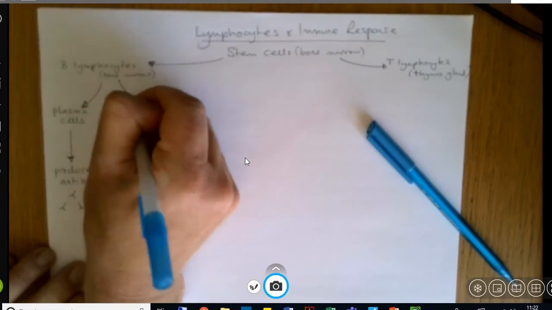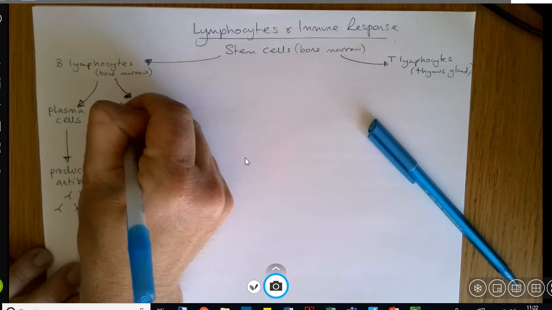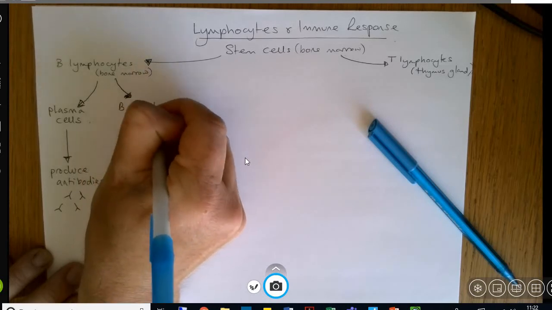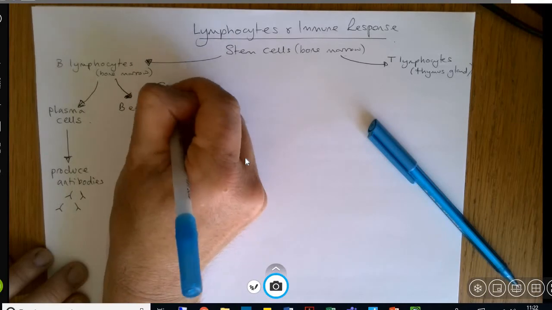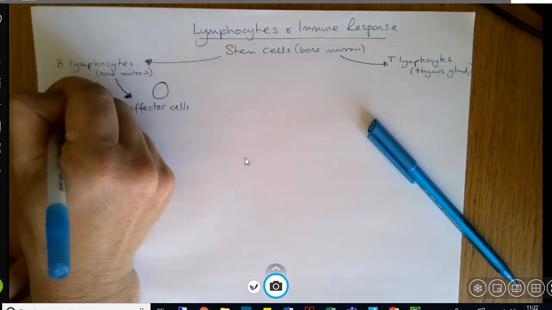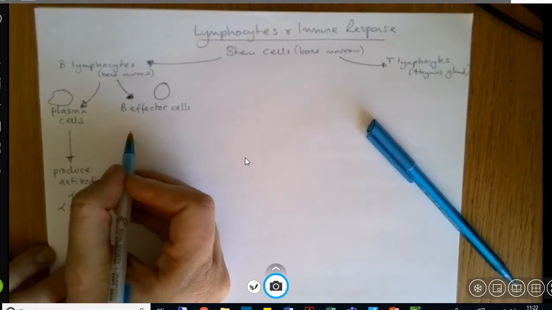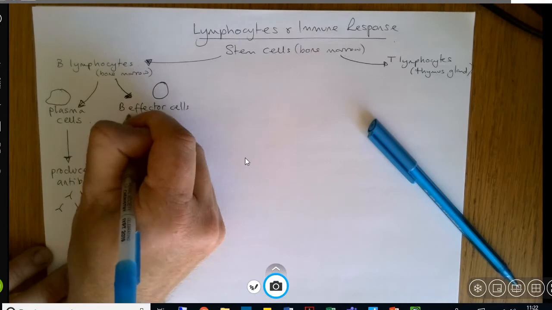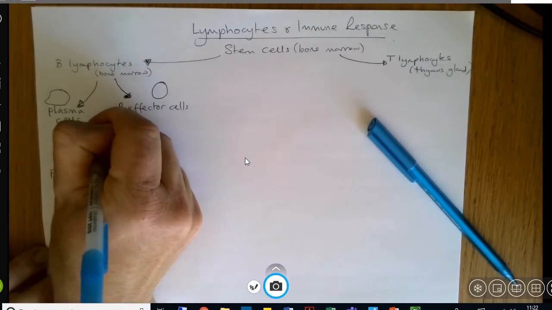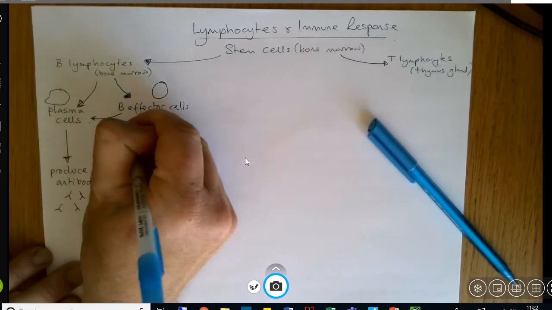Some of them will also become what we call B effector cells. Now B effector cells are really important. What they do is they actually produce clones.